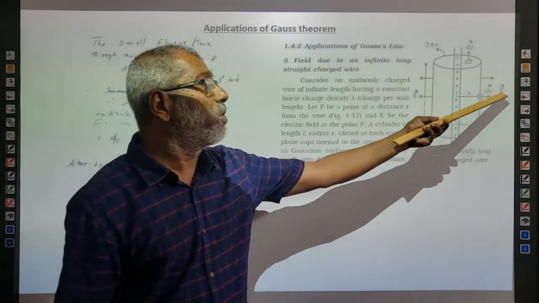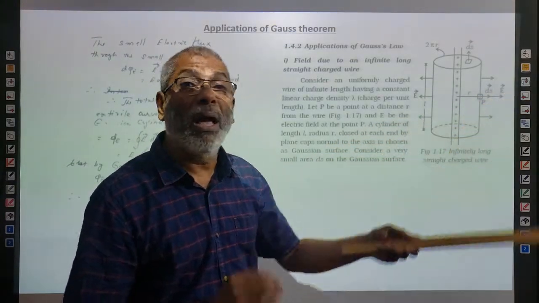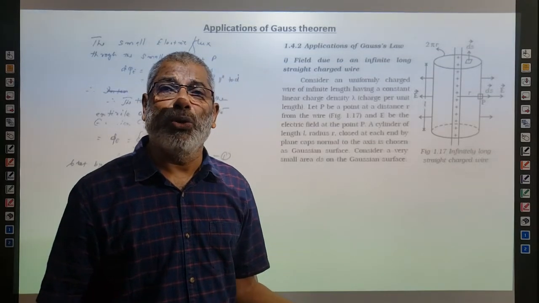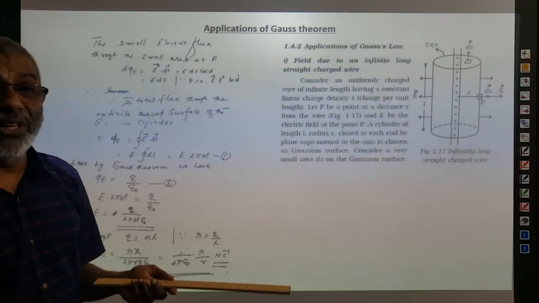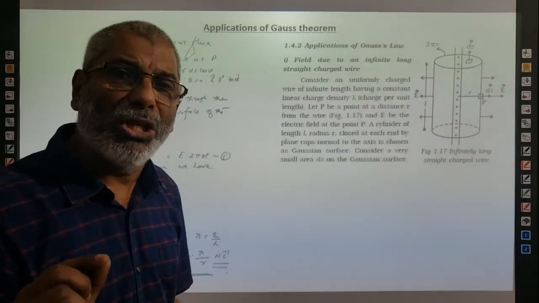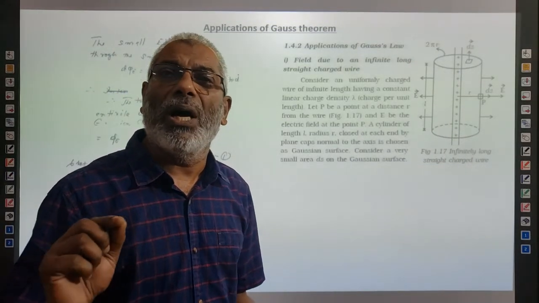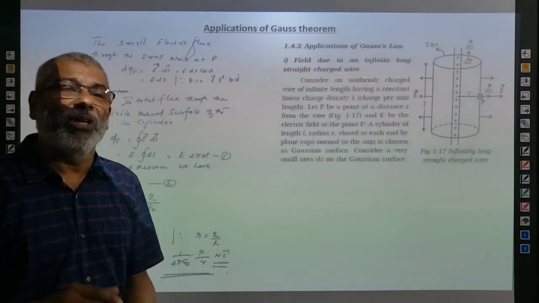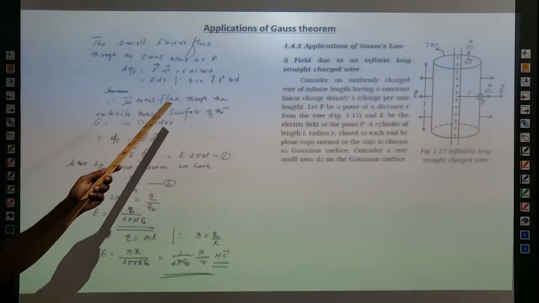This is because ds and E are parallel to each other. The surface vector and the electric field vector are both acting along the same straight line. They are parallel, therefore theta is equal to 0.